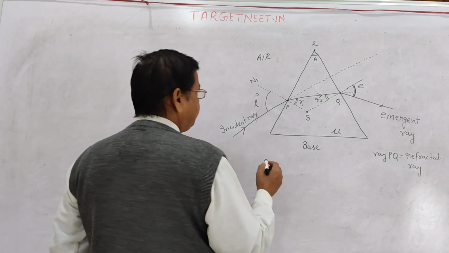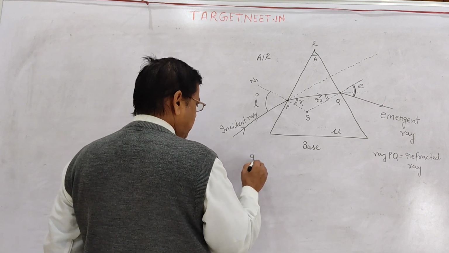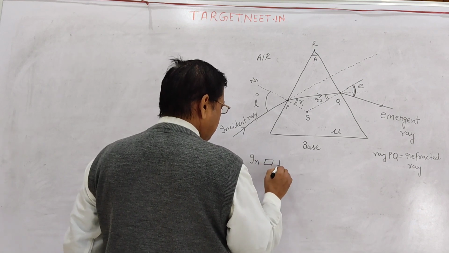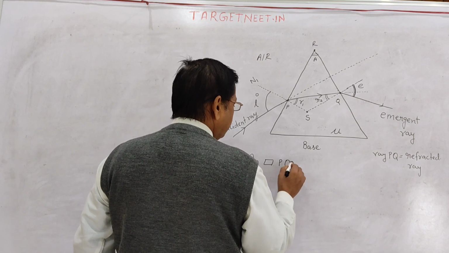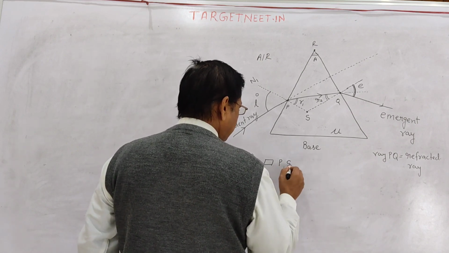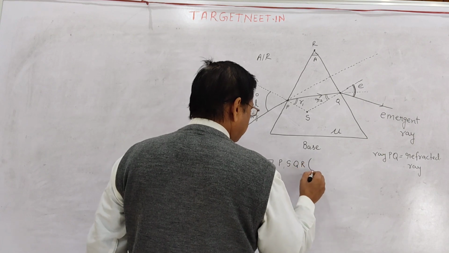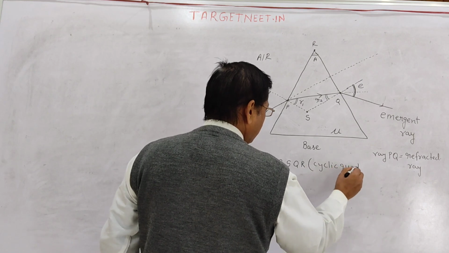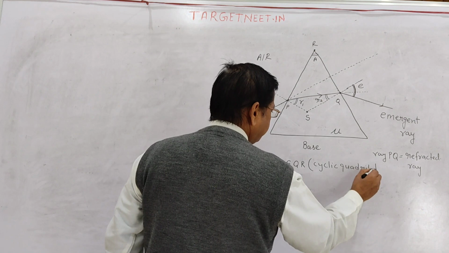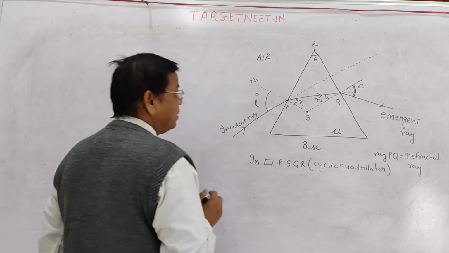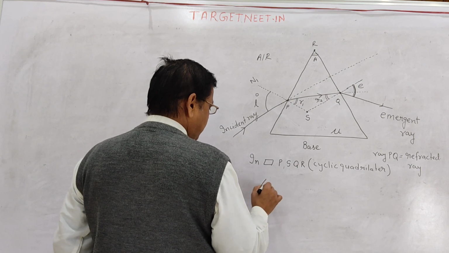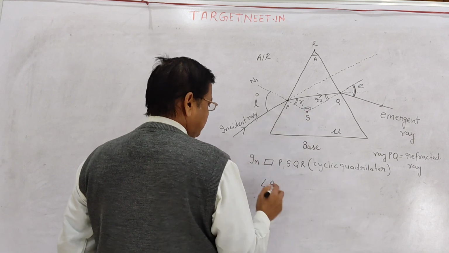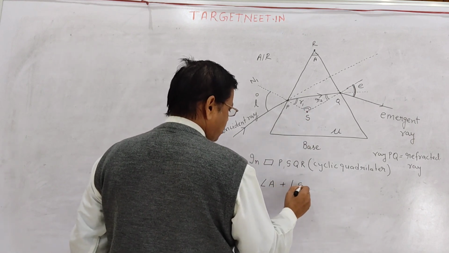So here you can write, in the cyclic quadrilateral PSQR, the sum of angle A, this angle, and this angle, which I call angle S, is equal to 180 degrees.